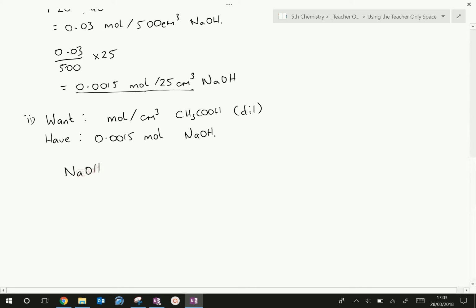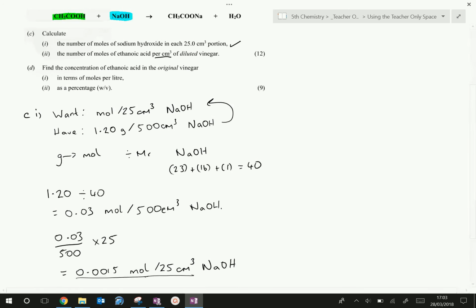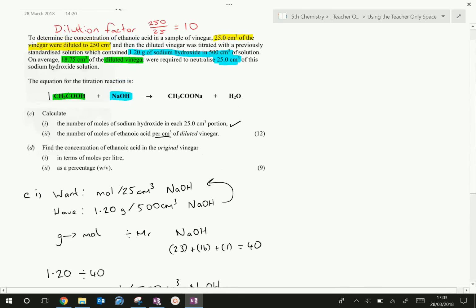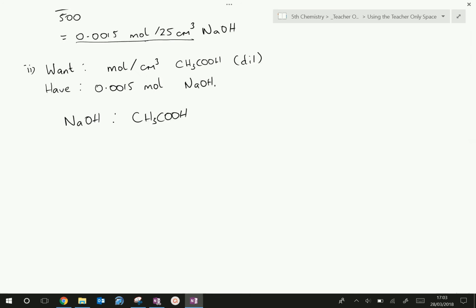So I want to go from sodium hydroxide to my ethanoic acid. If we go up to the balanced equation, we see that we have a 1:1 ratio. So if I had 0.0015 moles of sodium hydroxide, that means I had 0.0015 moles of ethanoic acid. But how many ml of vinegar did we use?